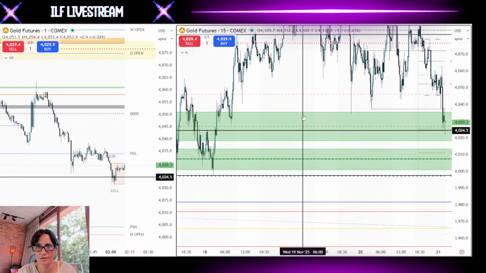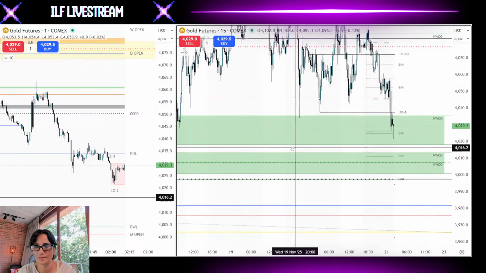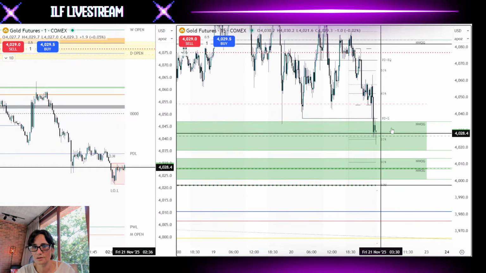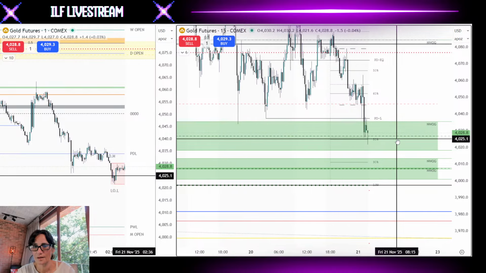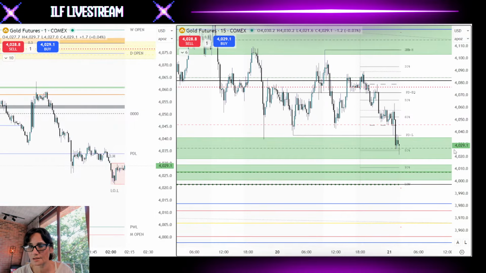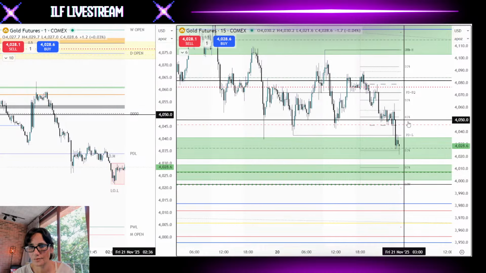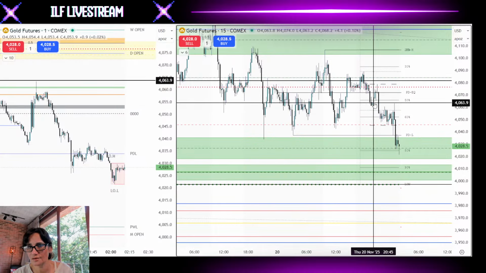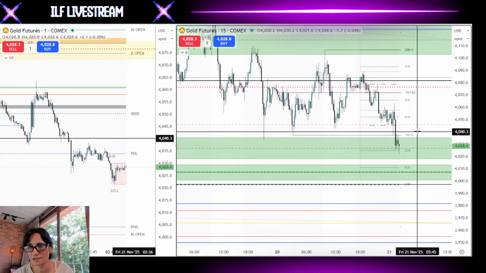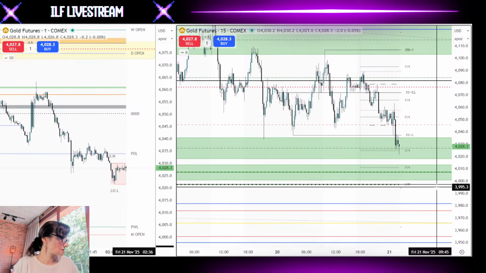Okay. We're already below this area here. We're in an inversion. I think it's just a matter of time that gold will go lower, right? There's nothing to do. Everything is fine here already. This is done. We'll see.